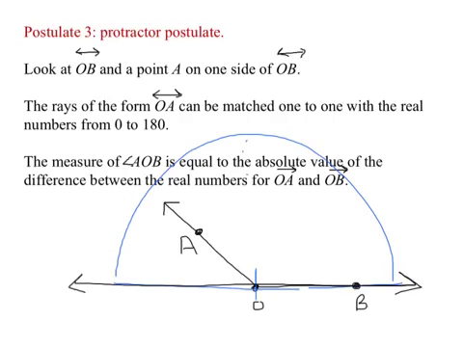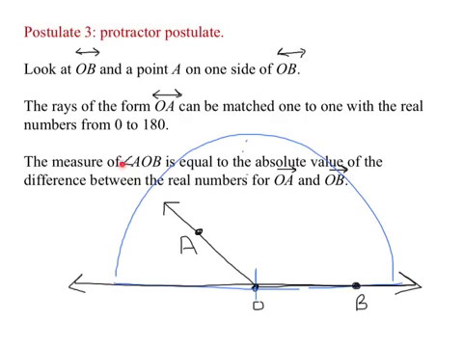On this protractor, we'll see tomorrow, we'll have numbers 0 to 180. 180 degrees is the total degrees of a straight line. So 0 to 180 we'll see on the protractor tomorrow.